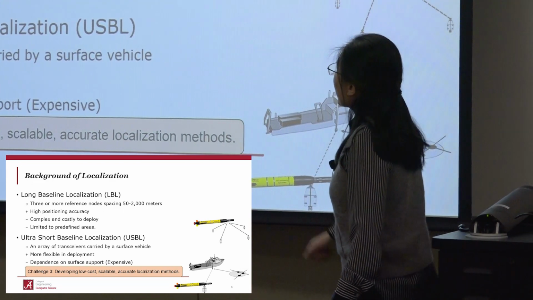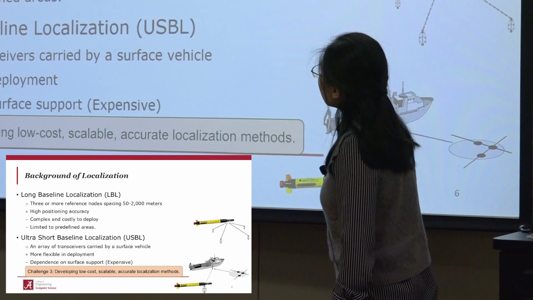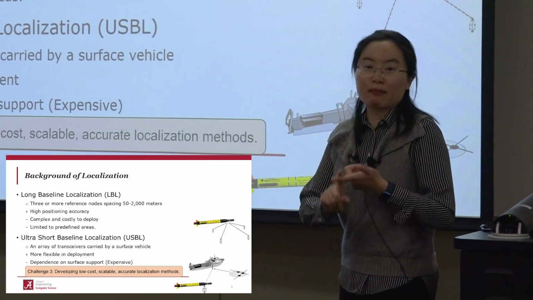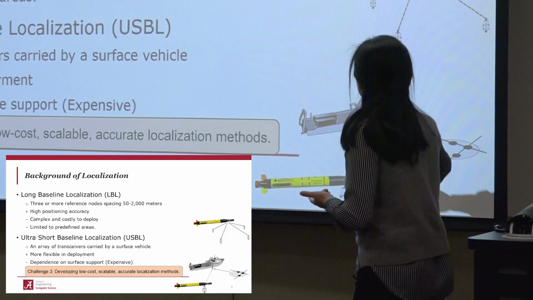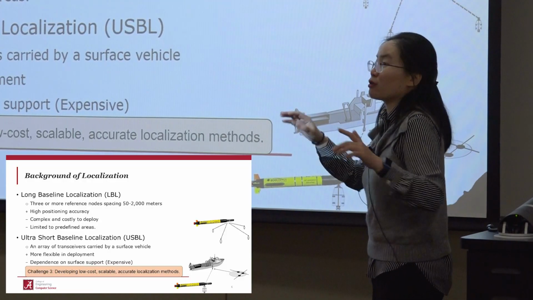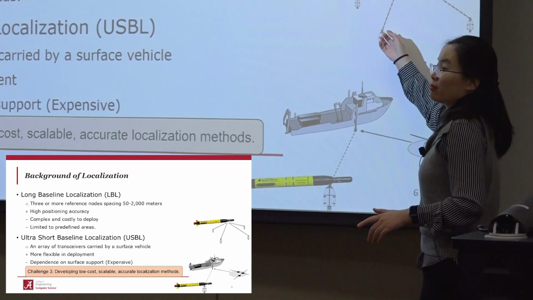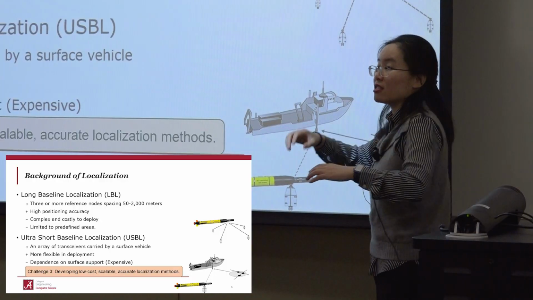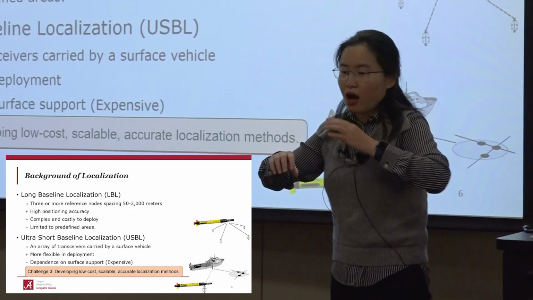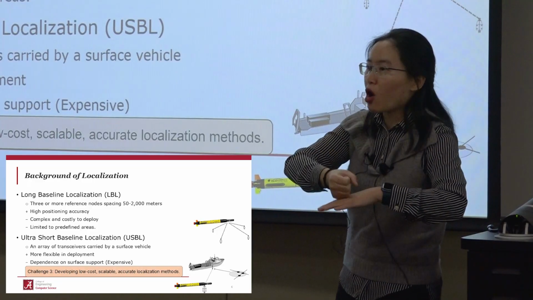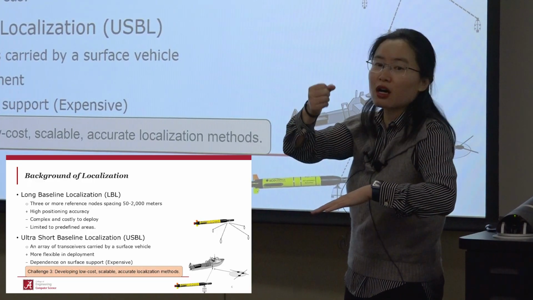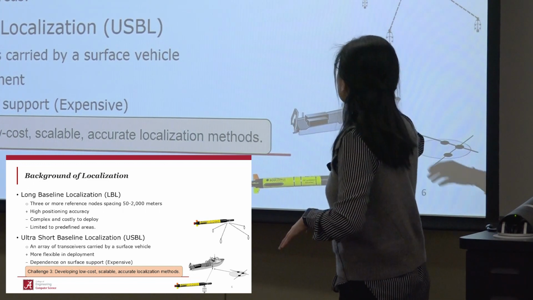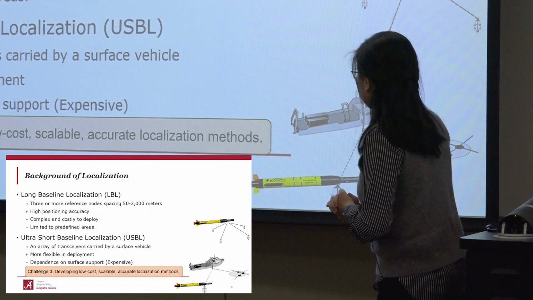And this localization solution is also very complex and very expensive, because it relies on how many transponders you can deploy. And remember, all those devices need to be deployed on the seabed, and you also need to provide power to them, typically including a cable and a surface buoy to provide power for those devices.